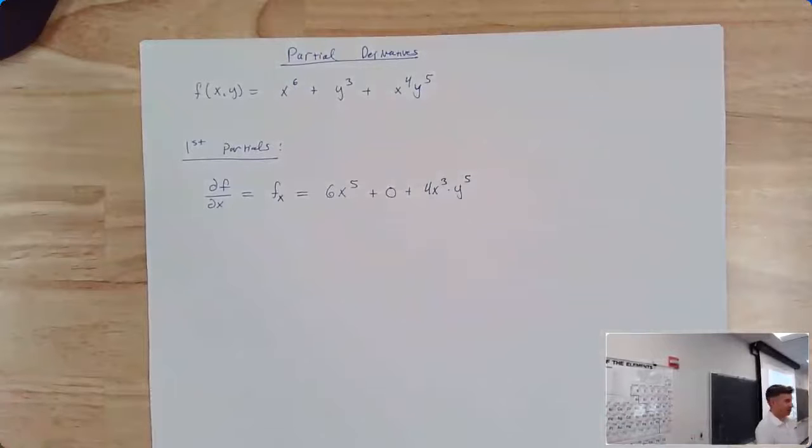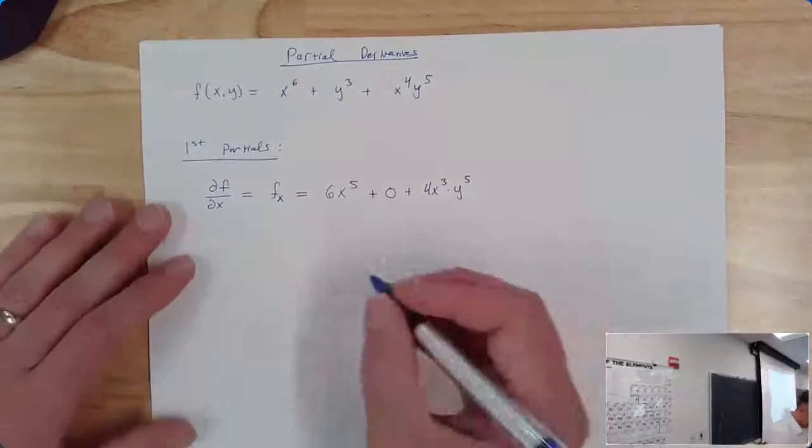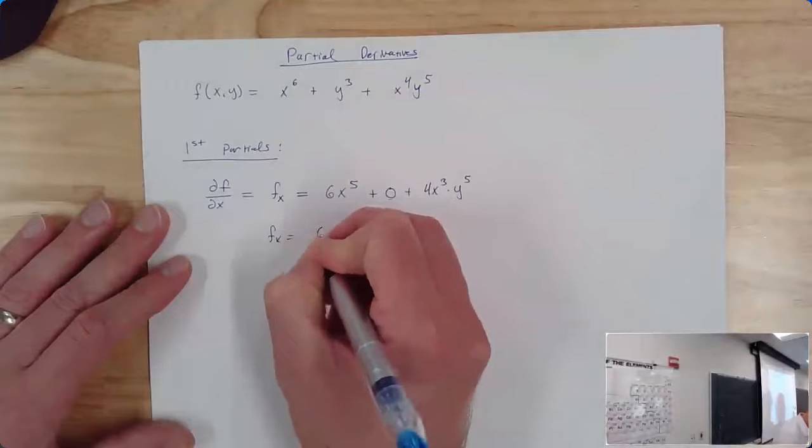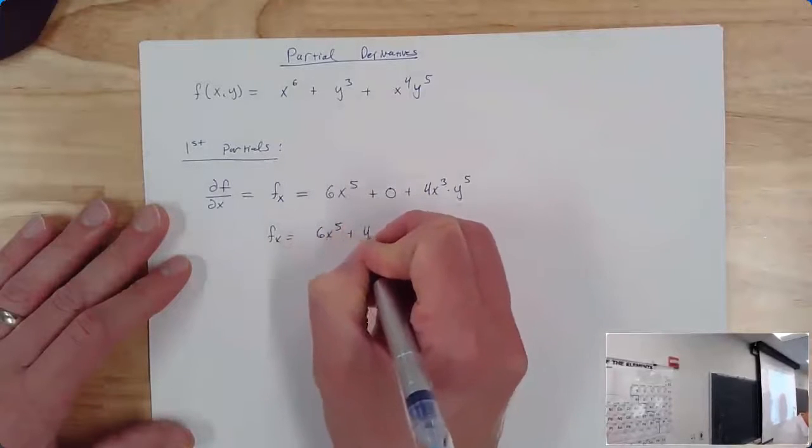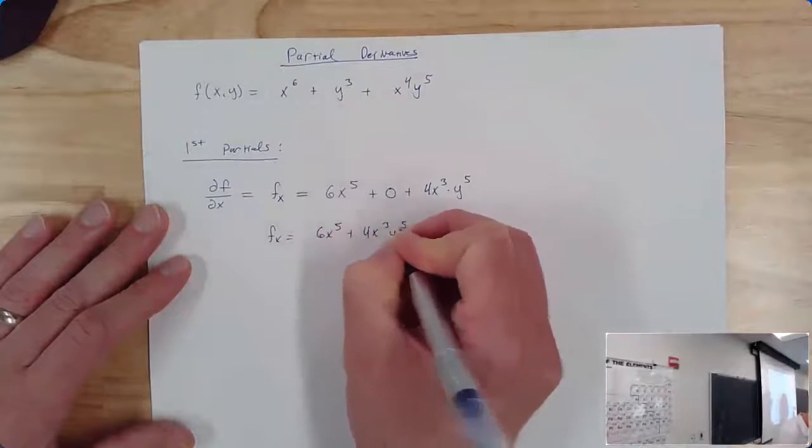Now, since I'm going to eventually take another derivative of this, I want to simplify this just to make it look a little nicer. There's not a lot of simplifying to do here. Really, it's just not writing the 0. So we could write this as fx is 6x to the 5th plus 4x cubed y to the 5th.